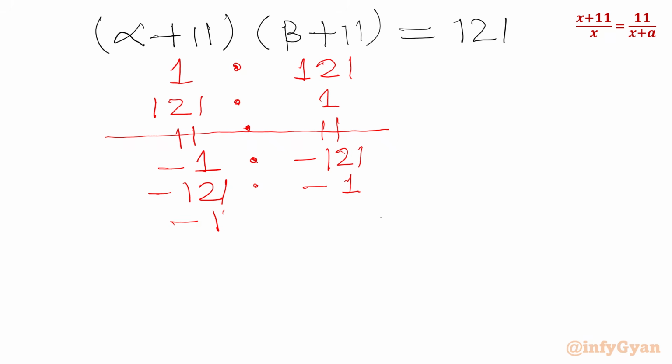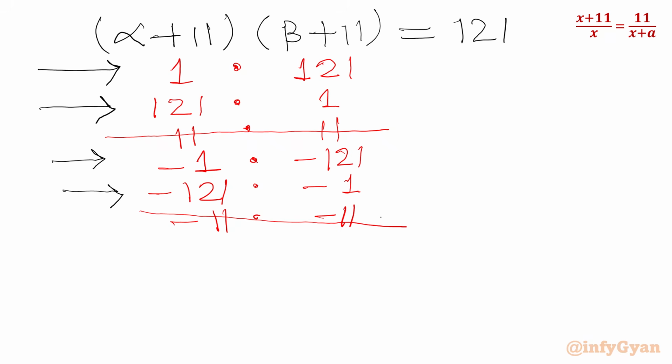Minus 11 times minus 11 will also produce product 121, but we won't accept because we are looking for distinct roots or solutions. So we have four combinations: 1, 121, 121, 1, minus 1, minus 121, and minus 121, minus 1.